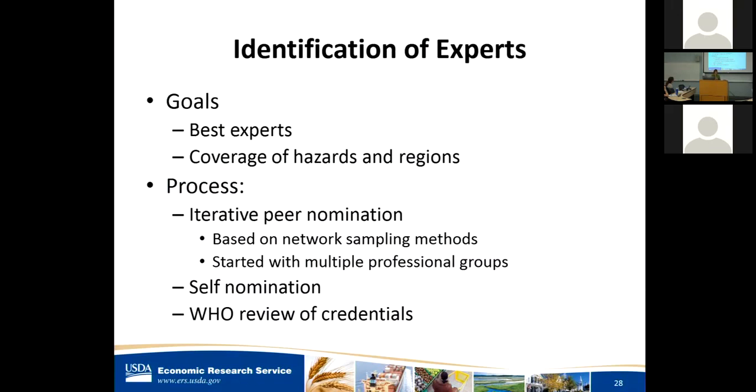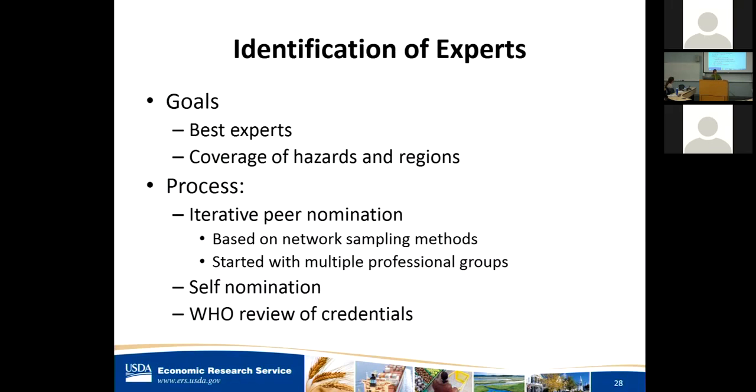We did try to start with a number of different starting points to start this iterative process. We asked professional societies, WHO regional offices, public health offices to provide initial nominations.